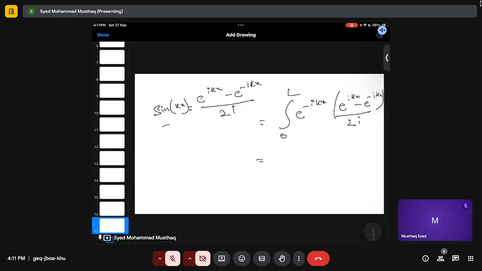So sin kx is this thing, right? E power ikx is cos kx plus i sin kx, yeah, it is right. E power minus ikx times e power ikx will be 1. So at one point I have this term dx, minus 1 by 2i, e power minus ikx whole square dx.